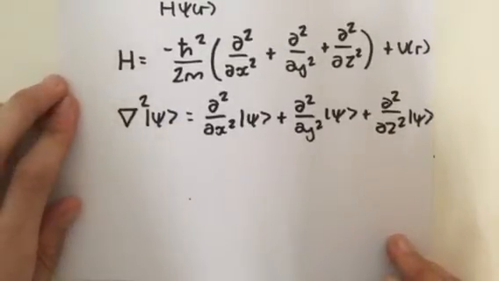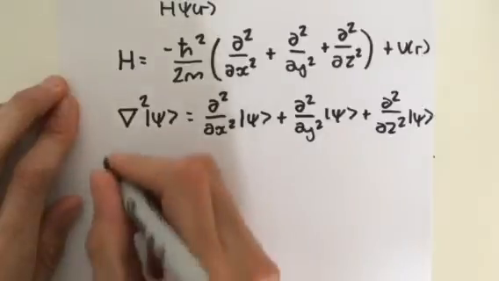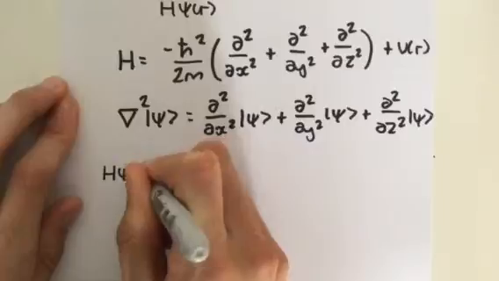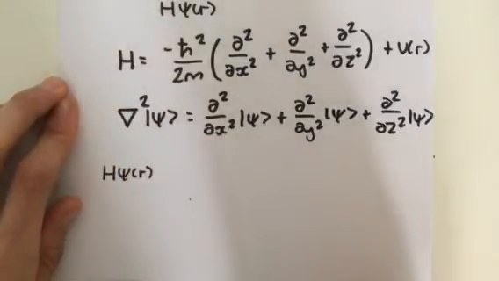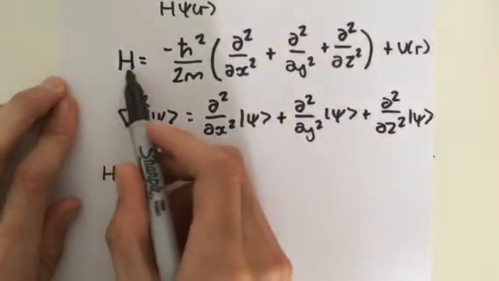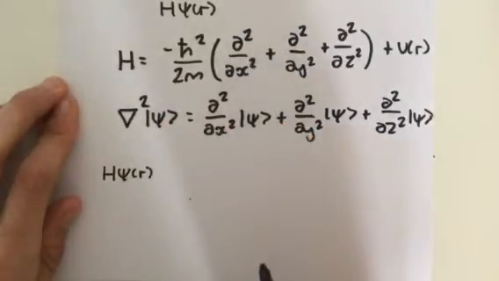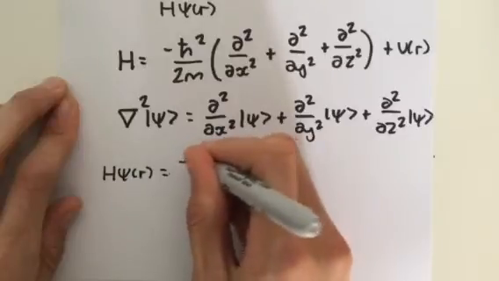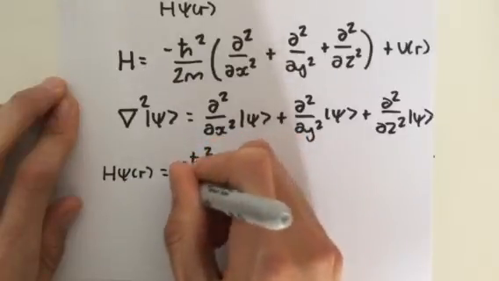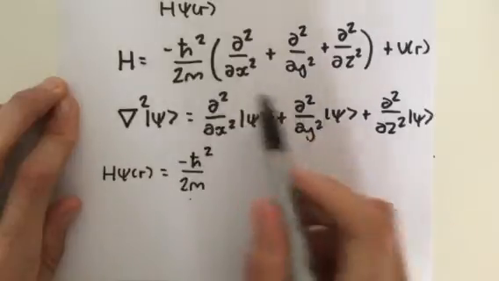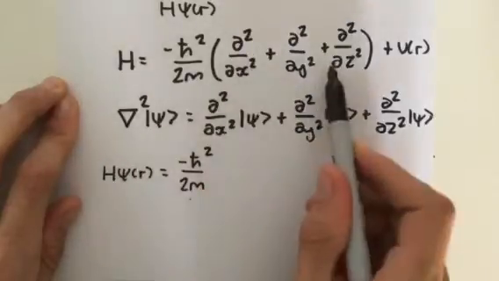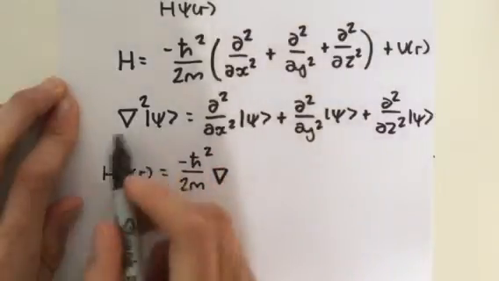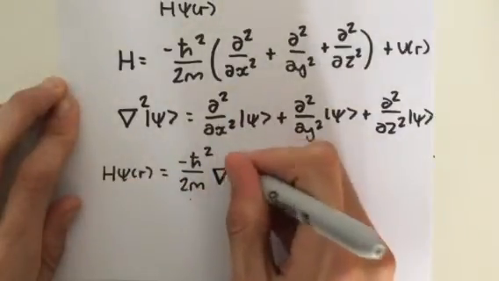Rewriting the equation we have here, we can write it in this probably quite familiar form. We have H psi r, so H is simply acting on the wave function now. So H psi r is going to equal minus h bar squared divided by 2m, as we had up here. Now we can use the Laplacian operator for this term here. Writing it in this form, we get this.